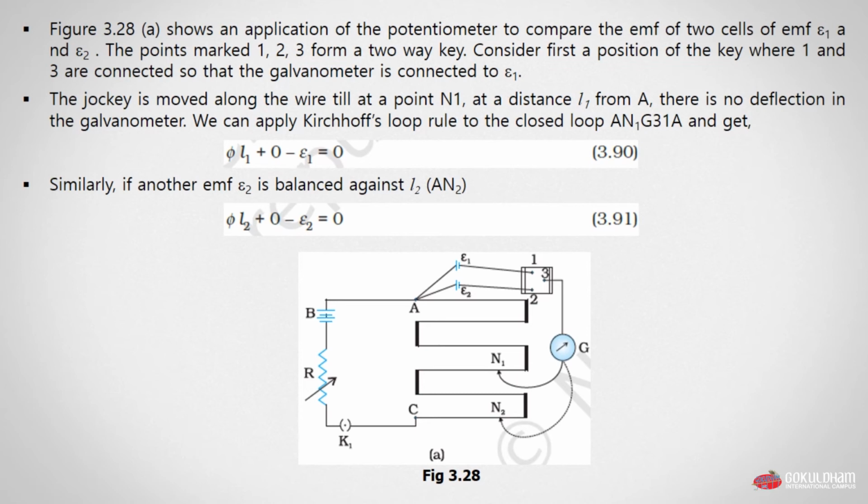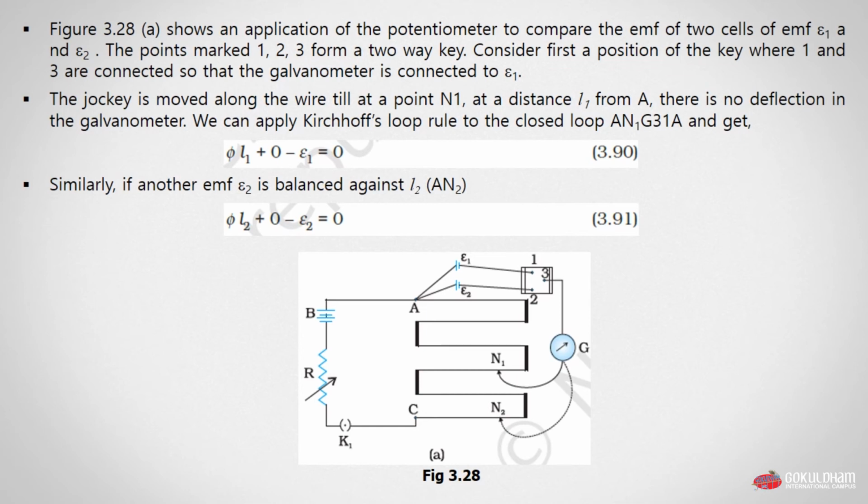The jockey is moved along the wire till a point N1 at a distance of length L1 from A, where there is no deflection in the galvanometer. We can apply Kirchhoff's loop rule to the closed loop N1 G 3 1 A and get phi into L1 plus 0 minus epsilon 1 equals 0, which is our equation 3.90.